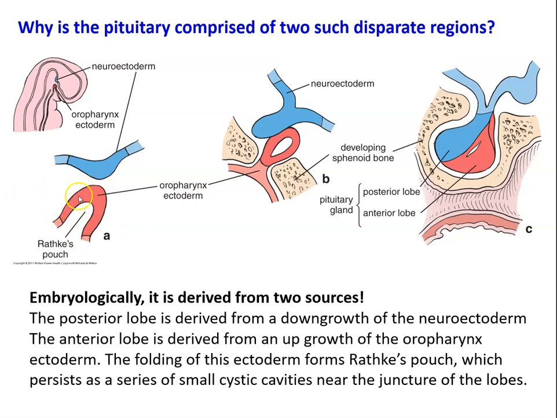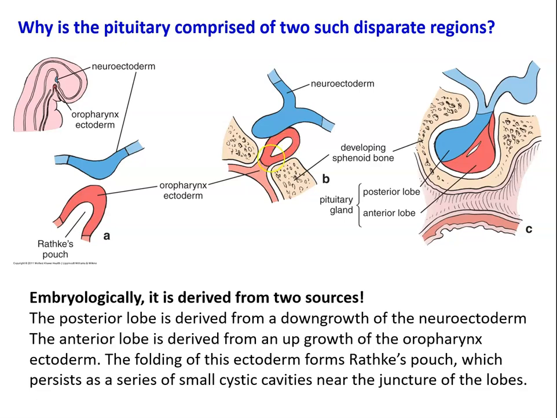During this upgrowth, this oropharynx folds on itself and forms something called Rathke's pouch. As this process continues, it pinches off and you get the remnant of Rathke's pouch, sometimes called Rathke's cysts, which eventually becomes that series of cystoid spaces that I showed in the mature tissue.